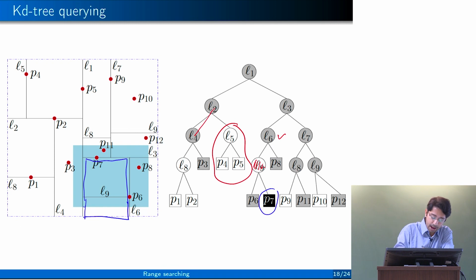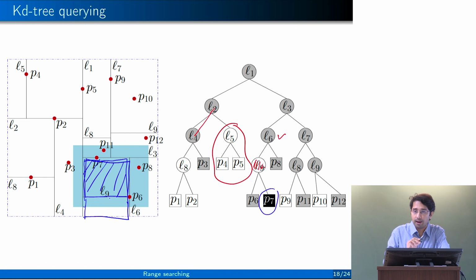You see that above, on the right hand side of L9, this is the rectangle. This is completely inside the query range. That is why this is black. But the rectangle below the line, is it completely inside the query range?